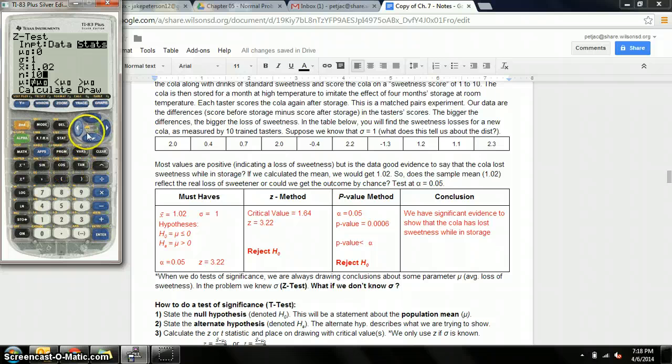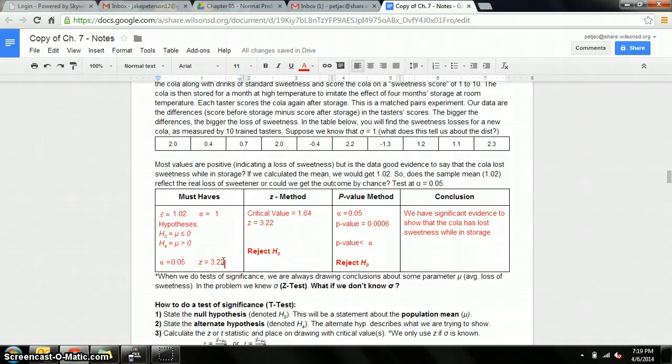And then this last choice, we choose what the alternate hypothesis is saying. So it's saying greater than mean sub 0. So we calculate it. Here you can see we get z as 3.22. Probably should round it up to 3.23. But either way, it doesn't make too much of a difference.